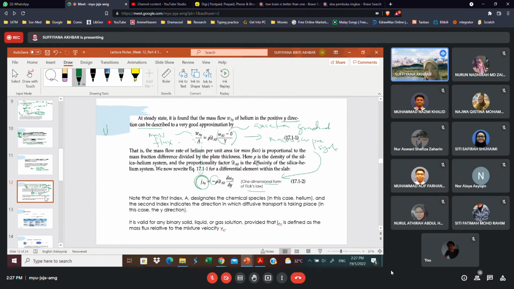So jAX means that component A diffuses in the positive X direction. If I say jAZ, it means that component A diffuses in the positive Z direction. It is valid for any binary solid, liquid or gas solution, provided jAY is defined as the mass flux relative to the mixture velocity vy.